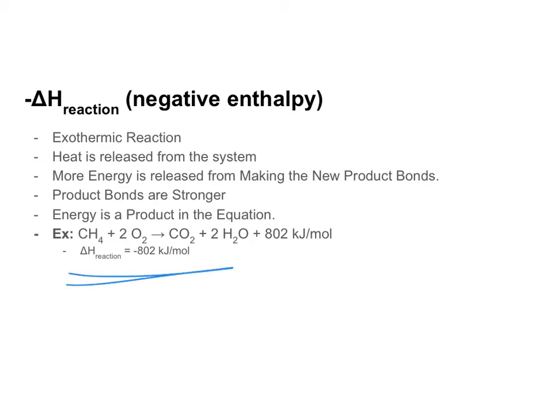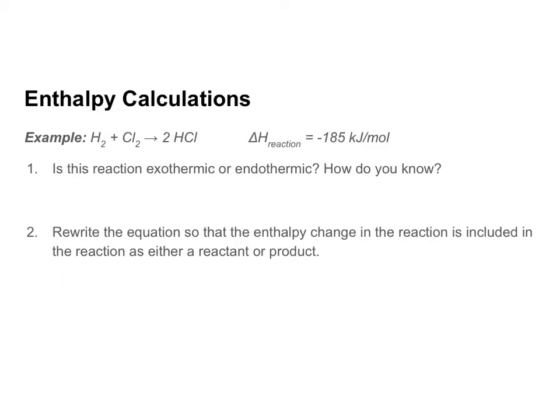But when we put it in the equation, it's part of the product. So one of the things that we make is carbon dioxide, another thing that we make is water, and another thing that's released is energy. Now I'm going to go back, and we needed less energy to break the bonds than for the reactants for the negative enthalpy.